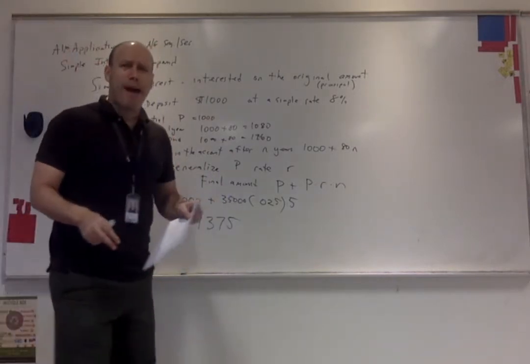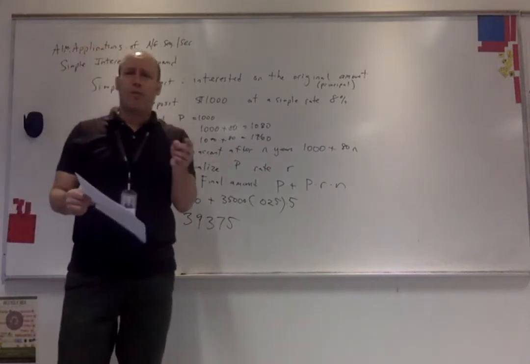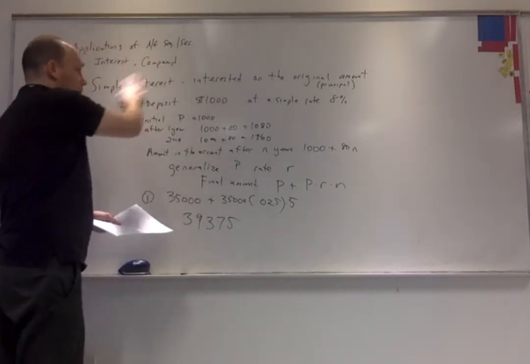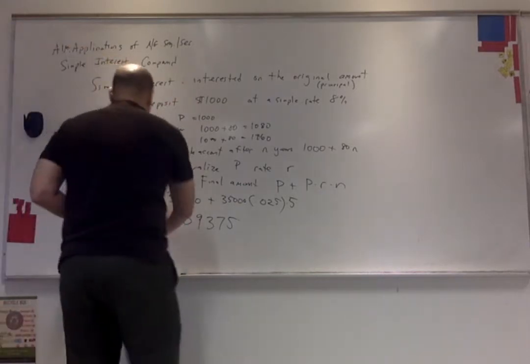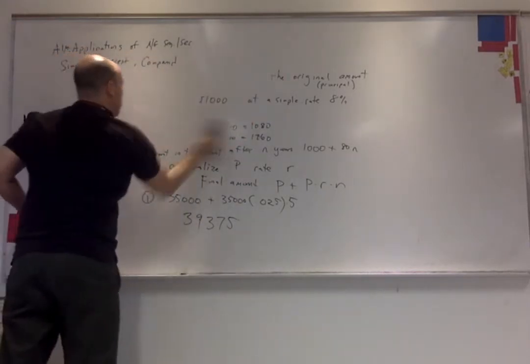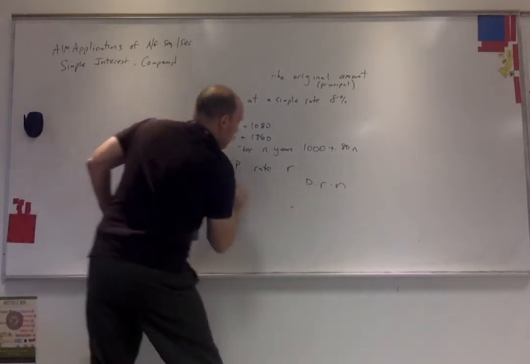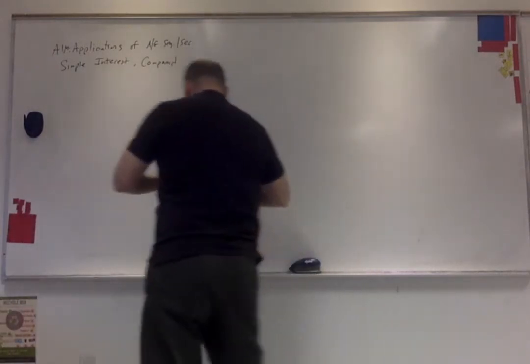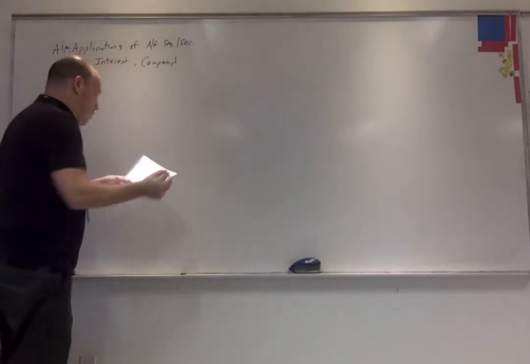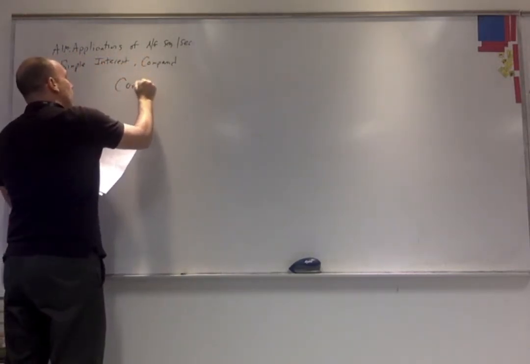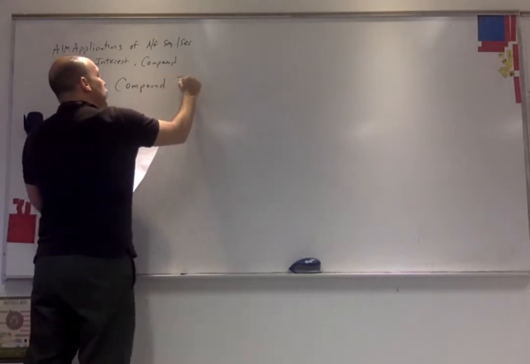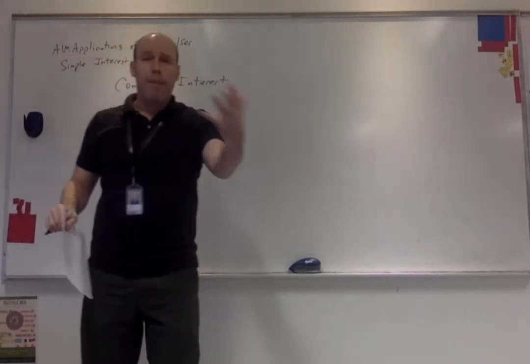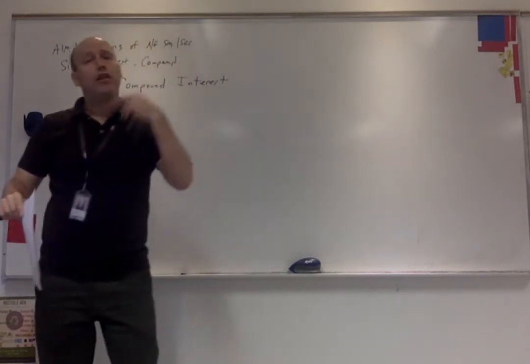Let's continue. Now let's talk about something I believe we spoke about earlier in the year when I had you connect together with the higher level kids. The next idea is compound interest. Once again, in both cases, either you've put money in the bank or you've taken a loan.